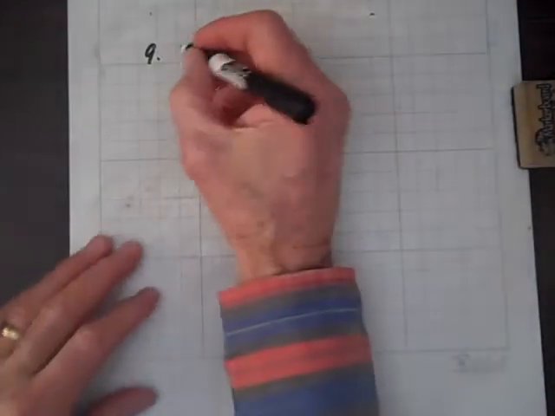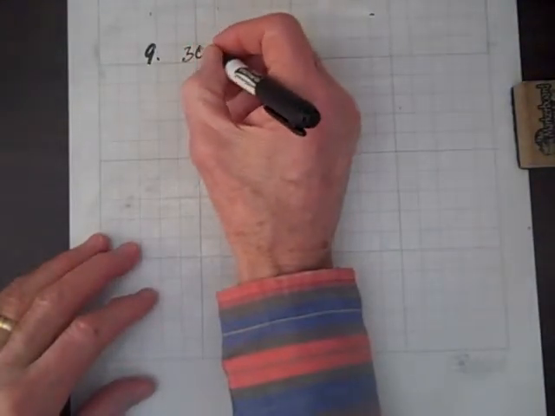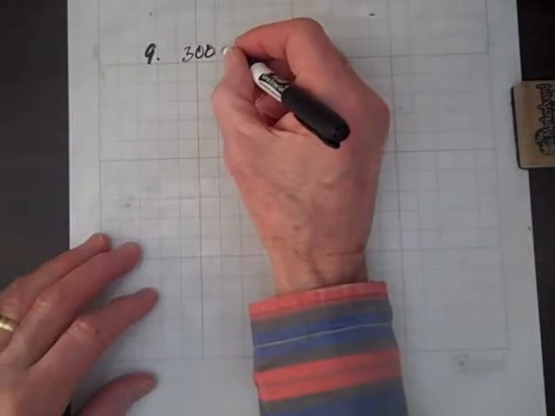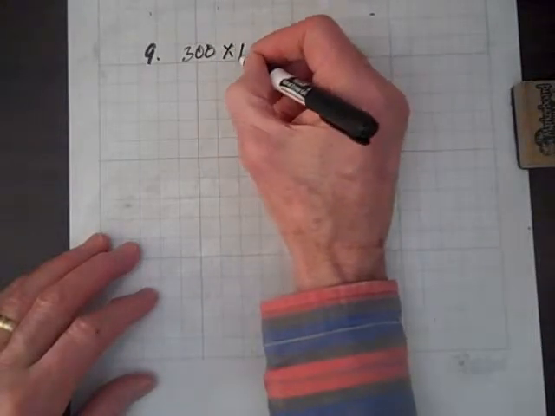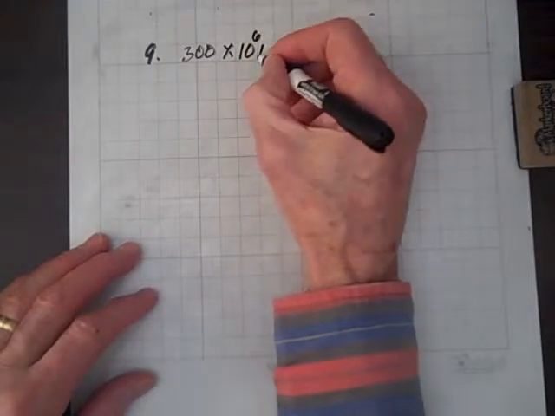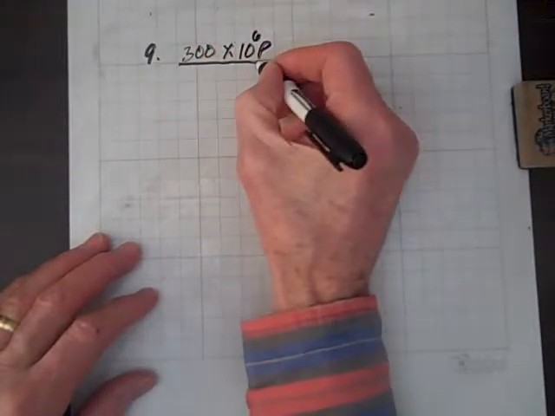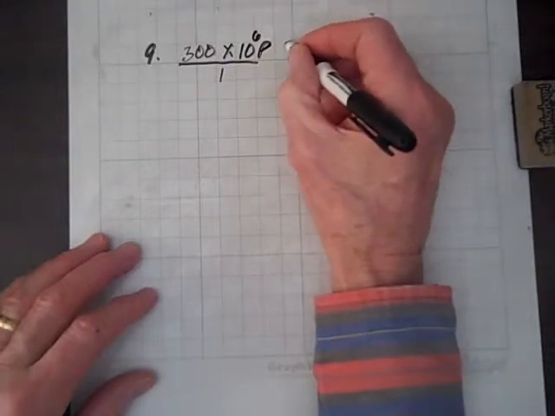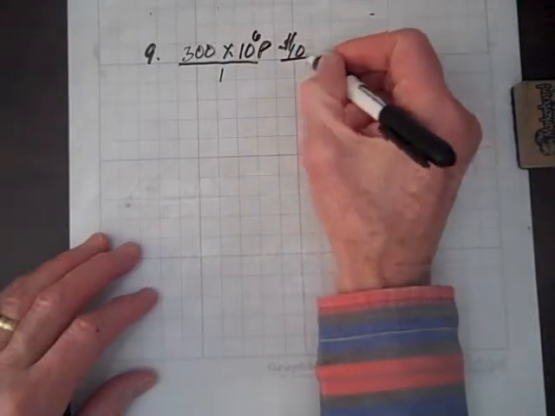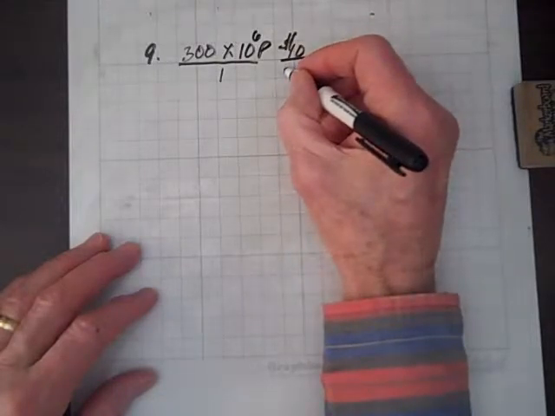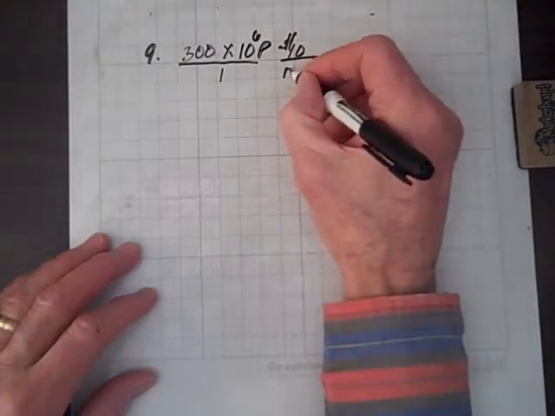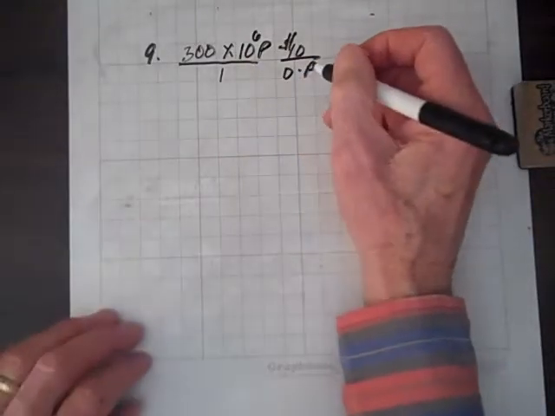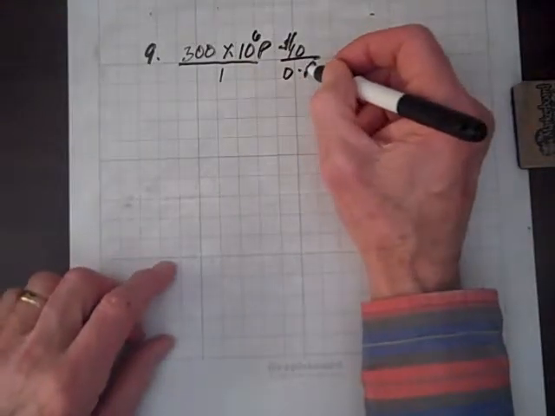So let's say we've got approximately 300 million, 10 to the 6th, people in the United States. All right. And let's say we're spending $10 per day per person. And so that's going to be day persons. When you invert and multiply, you'll get day persons.